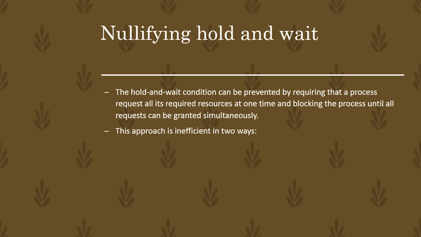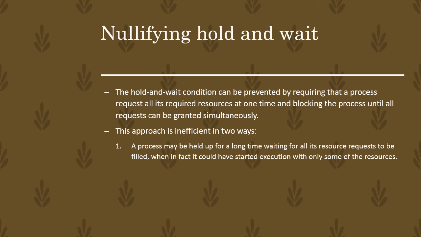This approach is inefficient in two ways. A process may be held up for a long time, waiting for all its resource requests to be filled, when in fact it could have started execution with only some of the resources. See, it could be that the process needed only two resources in the first 100 lines of code, and it needed the other three resources in the last 100 lines of code.